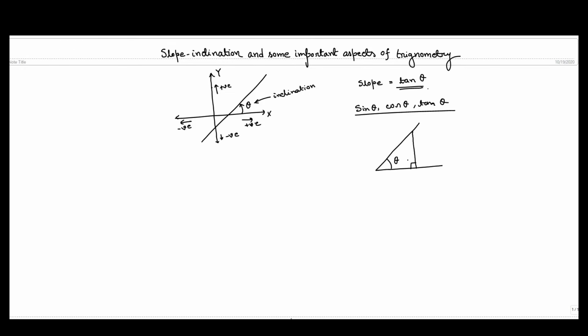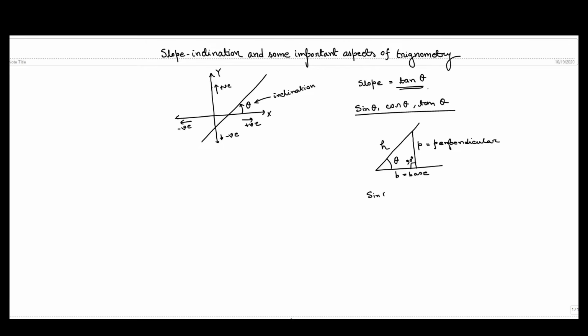So this is my 90 degrees. With respect to this theta, this is the perpendicular, P. This we denote as the base, B. P stands for perpendicular, B is my base and H is my hypotenuse.